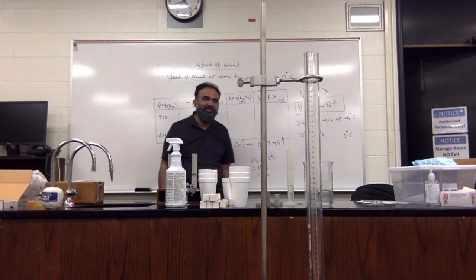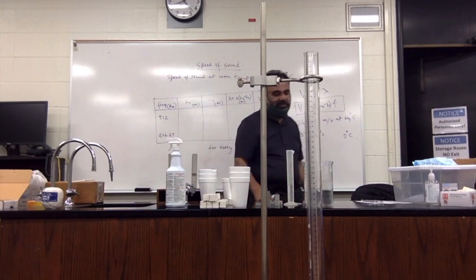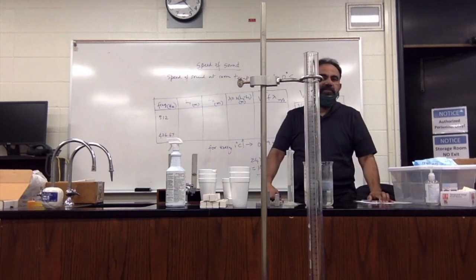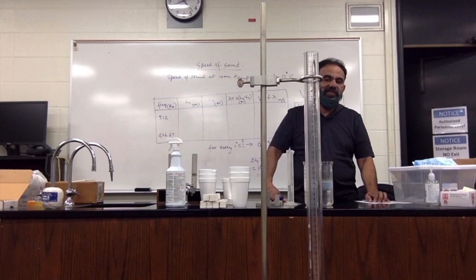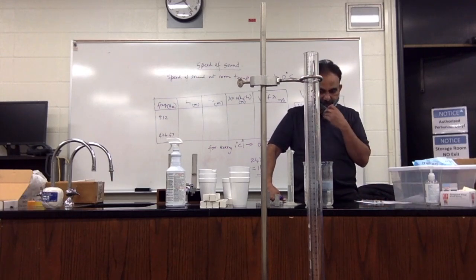Make sense? So apparently that first reading had some error. Maybe the second resonance length that I got was slightly off. You said it should be 330 at 0 degrees? Yeah, it's supposed to be 330.